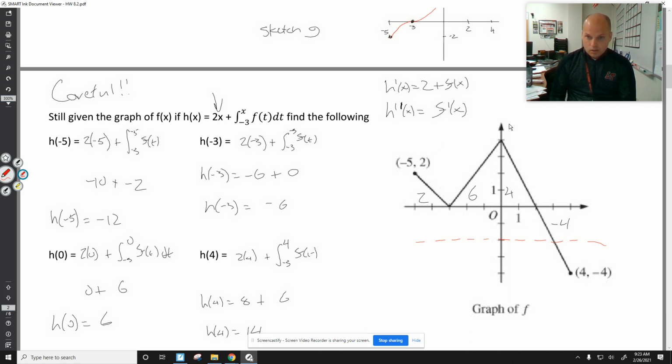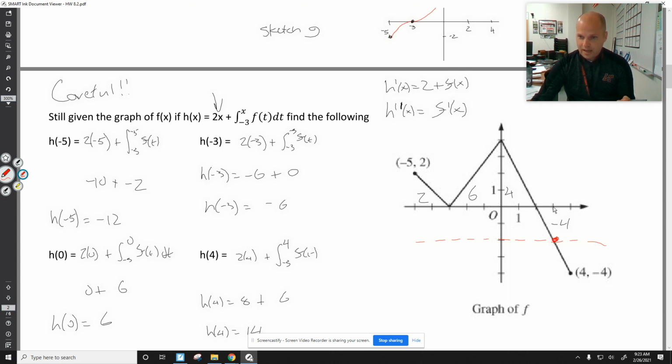When f is above this line, h prime is positive. When f is below this line, h prime is negative. That's the 2 plus f being positive, or the 2 plus f being negative. So the key is this intersection. Hopefully we don't have to do too much work applying a slope. We know this line segment's slope is negative 2. I go down 2 over 1.